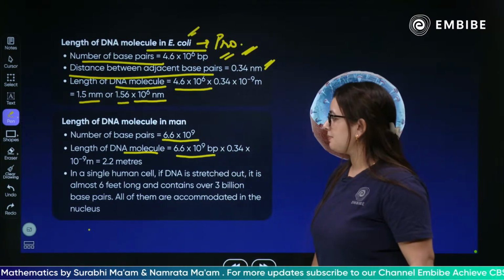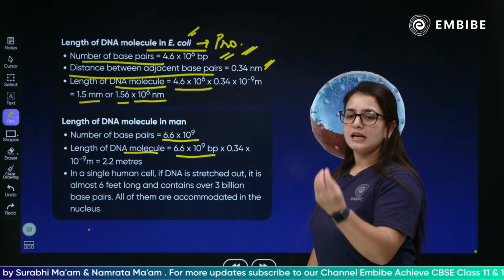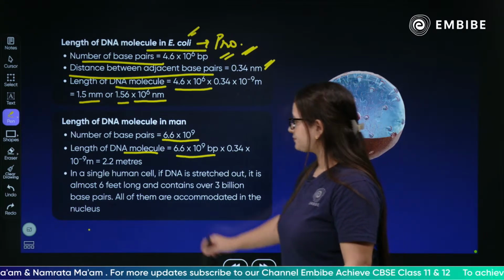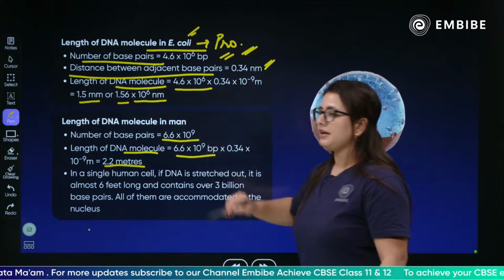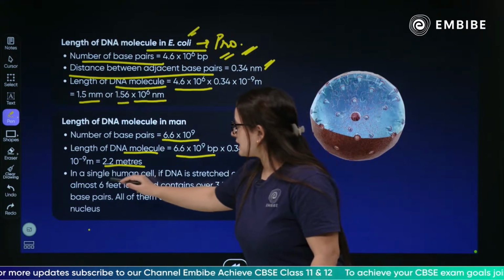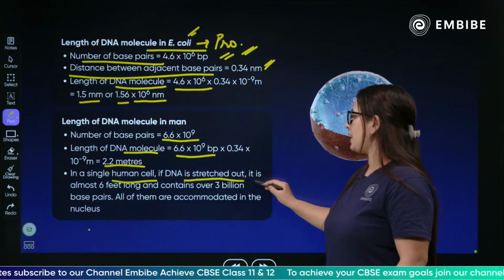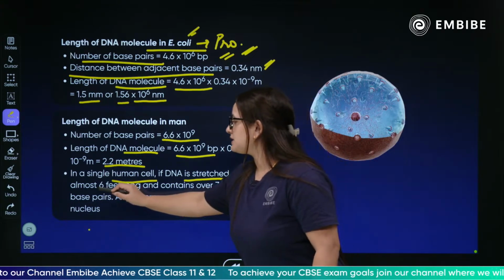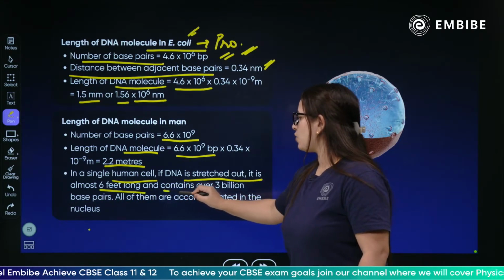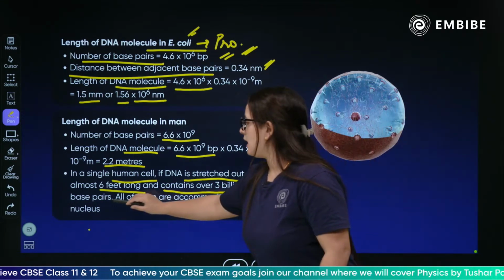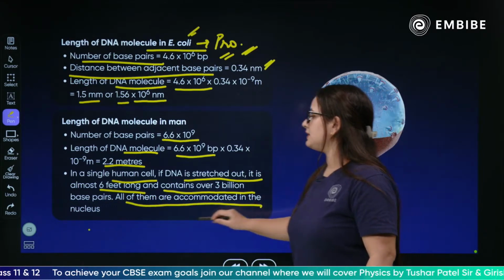As I multiply them, a single man will have 2.2 meters of DNA in a single cell. In the single human cell, the DNA, stretched out, is almost 6 feet long and contains over 3 billion base pairs.